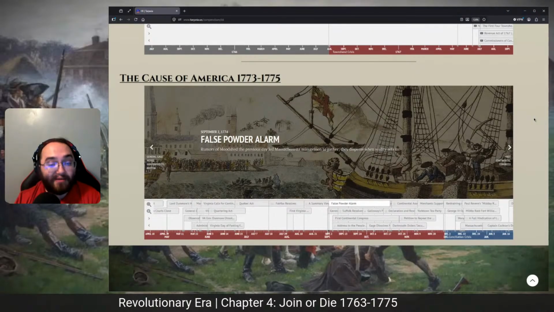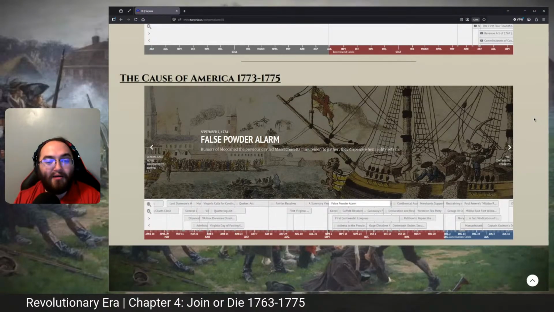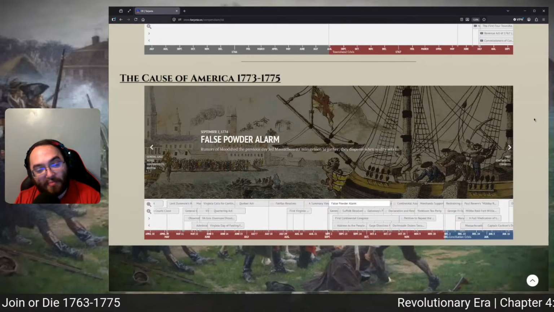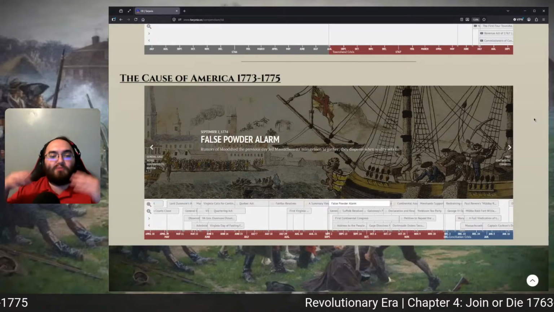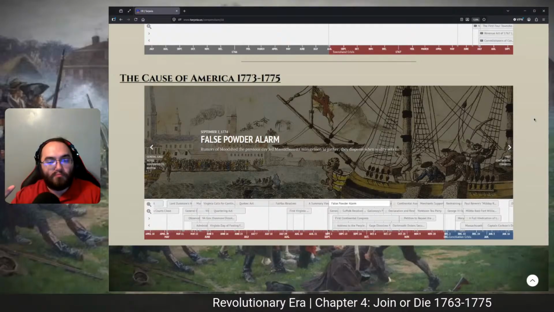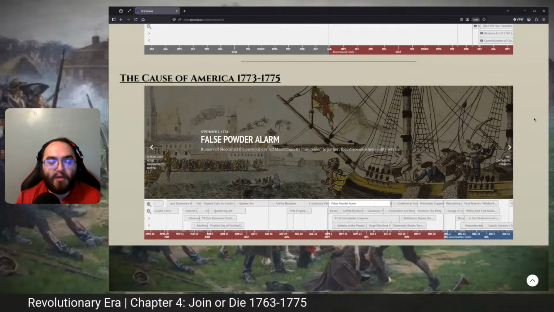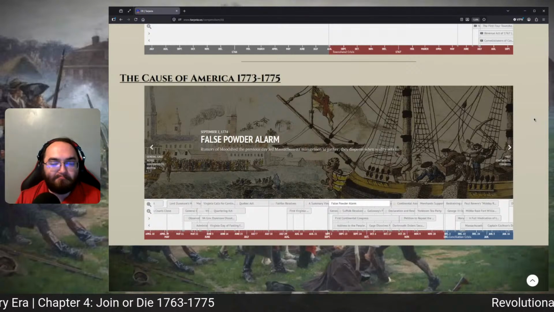But now the Minutemen of Massachusetts have the idea of taking their own powder that is in these magazines, which is like a large stone building to keep powder safe and secure and dry.